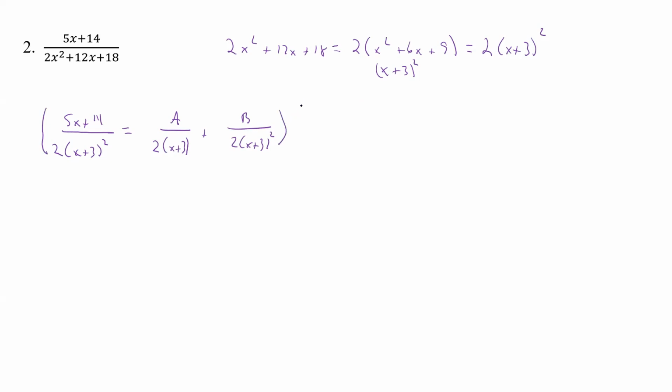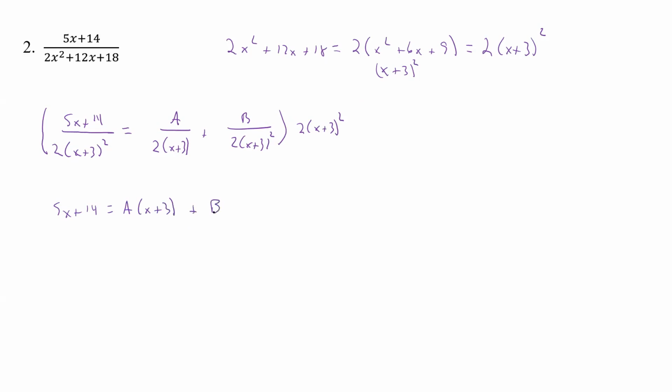So I'm just going to multiply by that, 2 times x plus 3, the quantity squared. And when I do the first one, we just get 5x plus 14. Do the next one, we're going to have A times x plus 3. And then the next one, everything cancels.